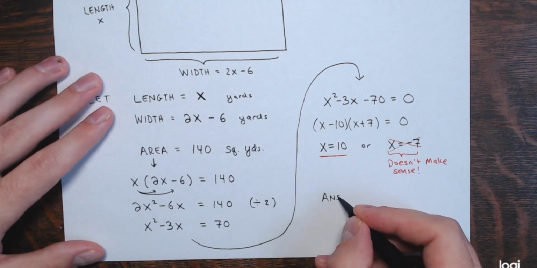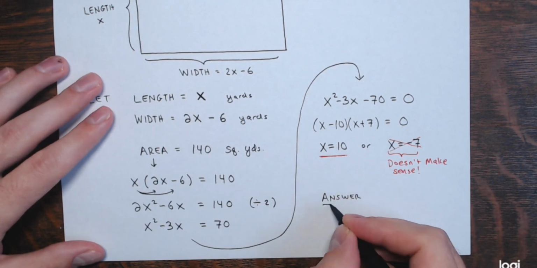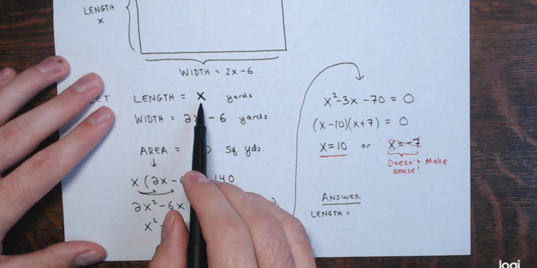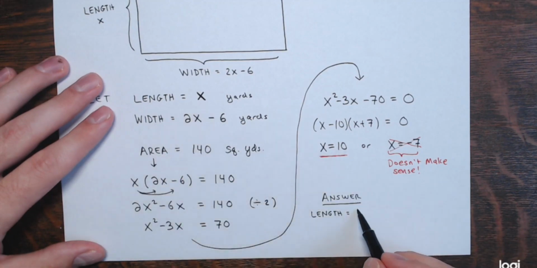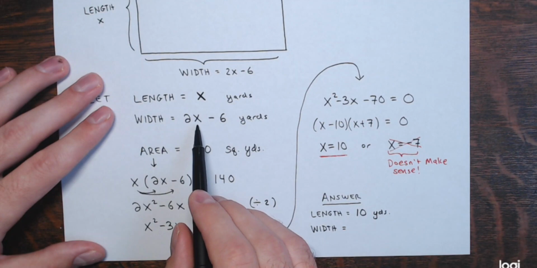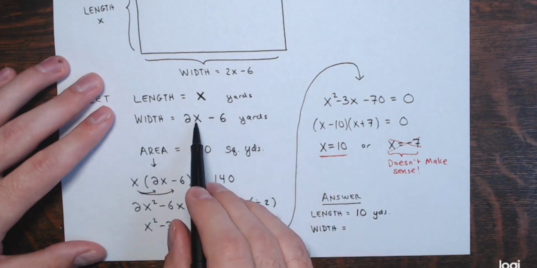And then I can answer my question. Find what they want me to find. They want the length and the width of this rectangle. Well, the length, remember, I called x, and we said x was 10, 10 yards. And the width is 2 times x, so 2 times 10, 20, minus 6.